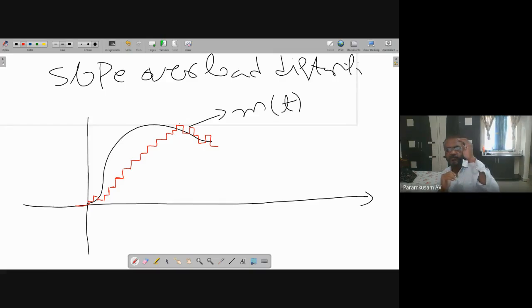When m of t is increasing, m cap of t is also increasing to catch the m of t. ఎప్పుడైతే m cap of t is greater than m of t, then it is decreasing. m of t కన్నా m cap of t తక్కువ ఉంటే పెరుగుతుంది, m of t m cap of t కన్నా తక్కువ ఉంటే తగ్గుతుంది. ఓకే, it tries to catch the m of t, అలా పెరుగుతుంది. ఆ క్యాచ్ చేసే విధానంలో ఎప్పుడైనా m cap of t ఎక్కువ అవుతుంది అనుకోండి m of t కన్నా, మళ్ళీ తగ్గుతుంది. మళ్ళీ తగ్గుతున్నప్పుడు m of t కన్నా ఇంకా తగ్గిపోయింది అన్నప్పుడు పెరుగుతుంది అలాగా.